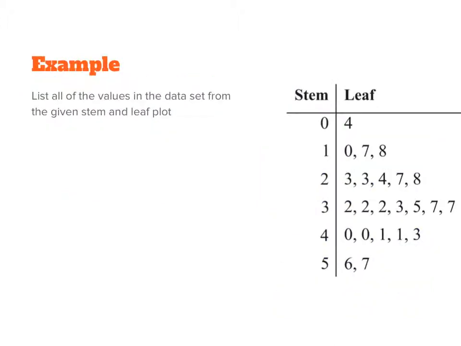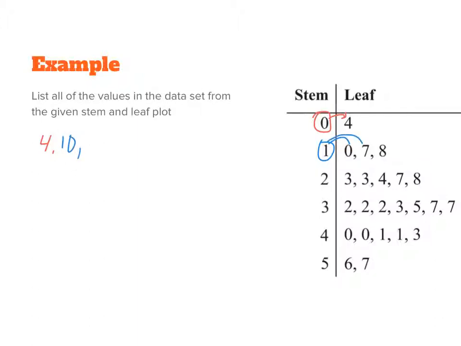So the first thing we're going to look at is listing off the values of our data set from the given stem and leaf plot. If we're given this stem and leaf plot and we're asked to list off all the values, start at the top. Those are always the smallest numbers. If I have a stem of 0 and a leaf of 4, that's the number 4. I could have the stem of 1, leaf of 0, that's 10.